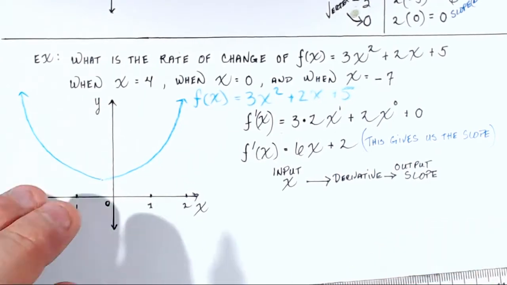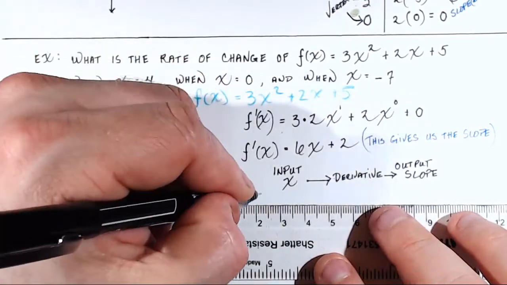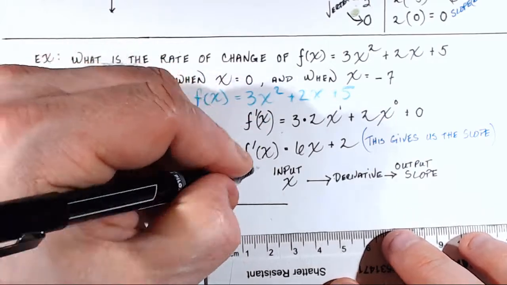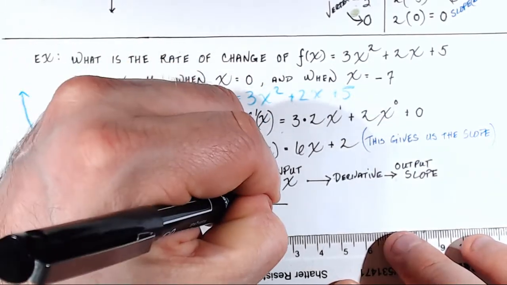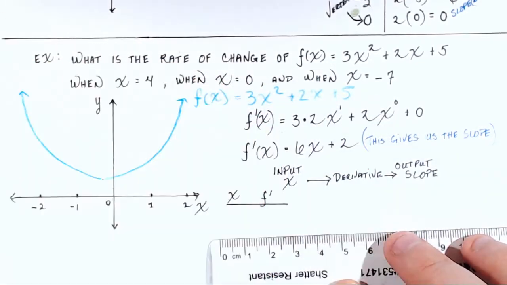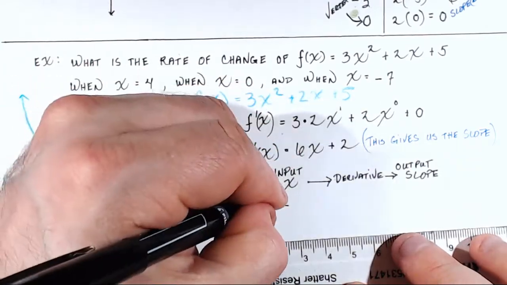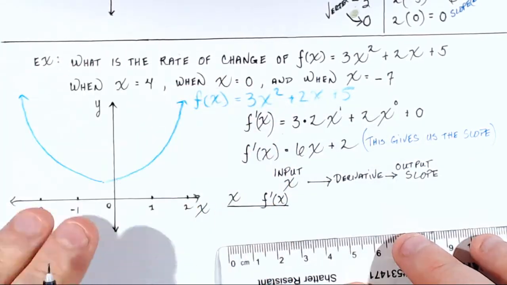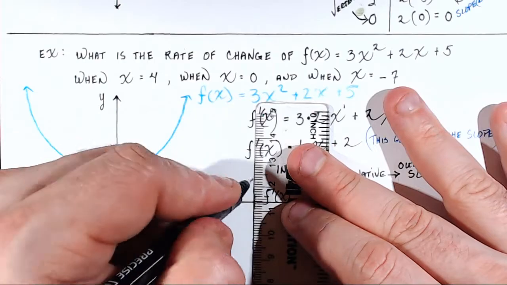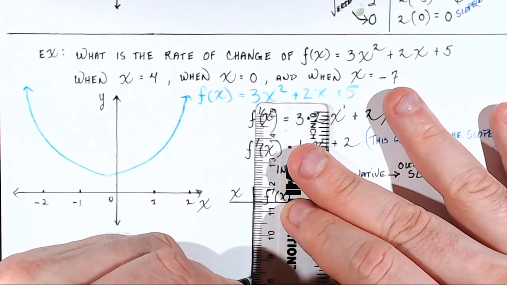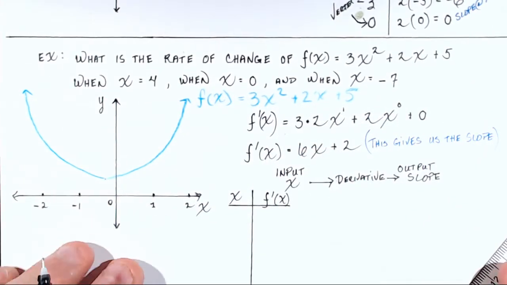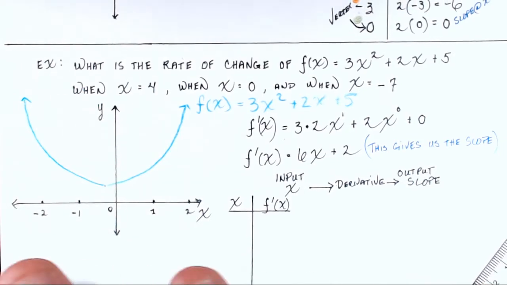So now let's evaluate our derivative, make our little table. So here's my x value, and this is my derivative, f prime x. I keep saying prime. F prime x means the derivative of the function f of x with respect to x.